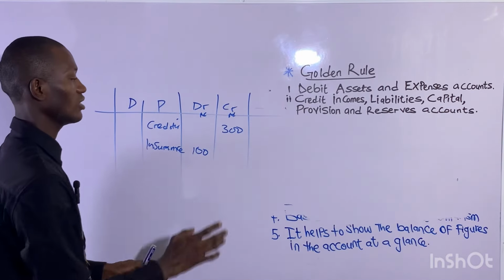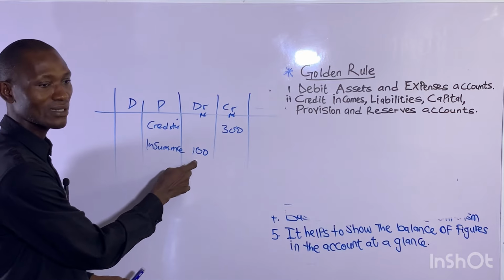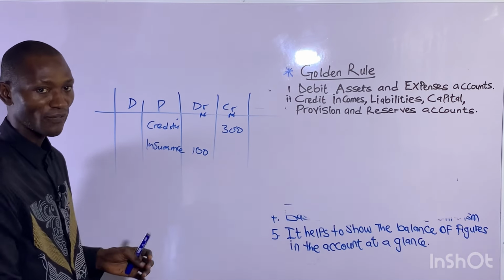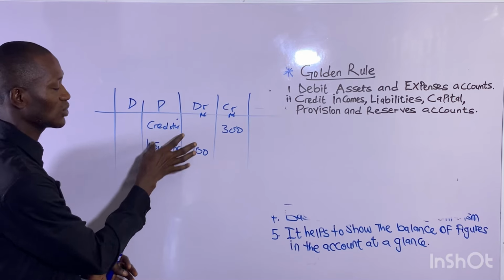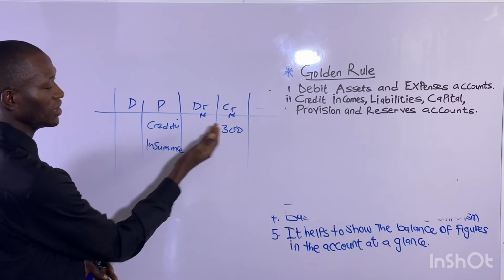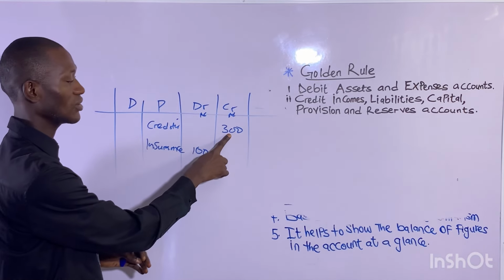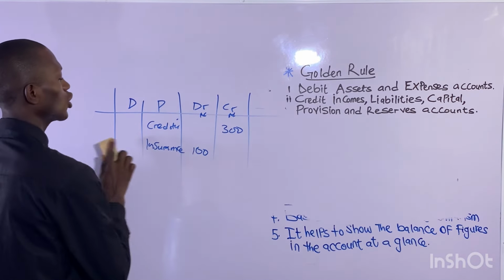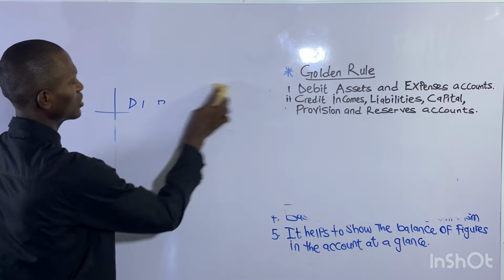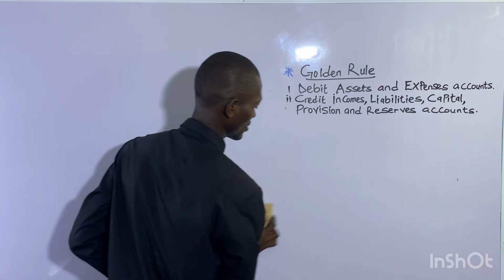In any account, the moment you see the figure on the trial balance, it means that is the balance brought forward for that particular account, like we have demonstrated for creditor. The balance in the creditors account is 300. The balance in the insurance account is 100 naira. So that's with respect to the uses of trial balance.